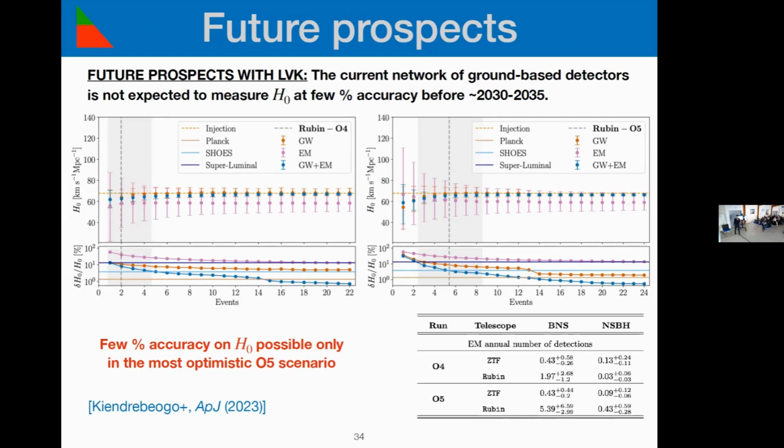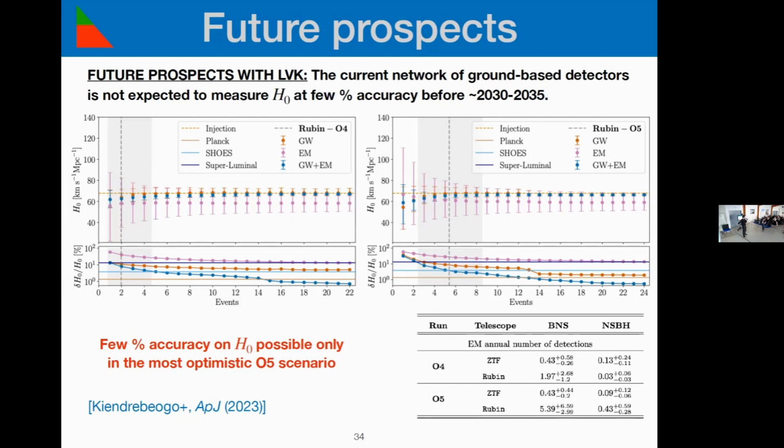It shows that with electromagnetic counterparts, if we expect to see a few counterparts, or up to 8 counterparts in O5 or a few in O4, it's going to be very hard to arrive at a few percent on H0. So even only in the very, very optimistic case, let's say O5, where we get down to 7, 8 counterparts, then we are at the level of, let's say, Planck and SH0ES.